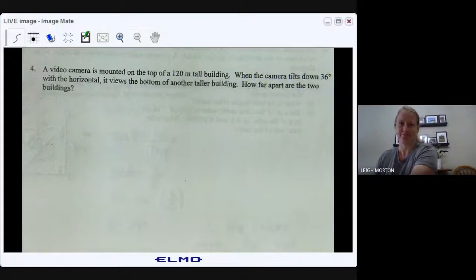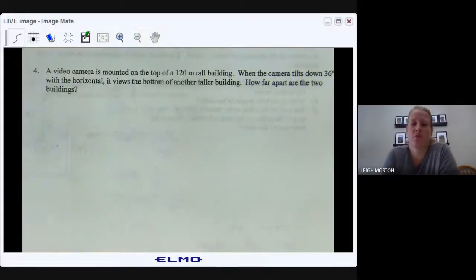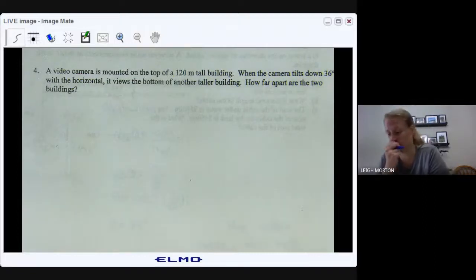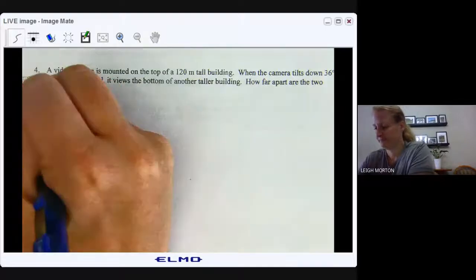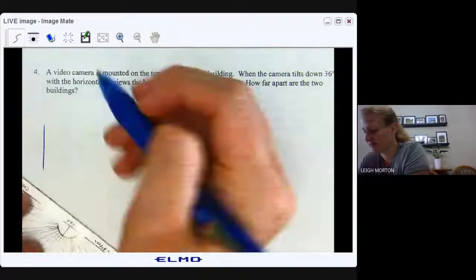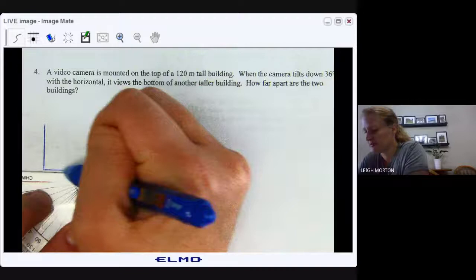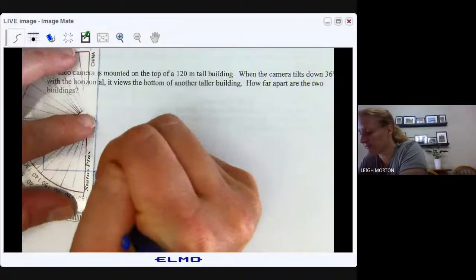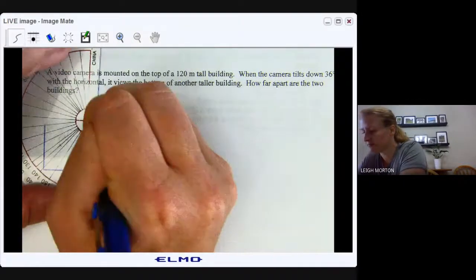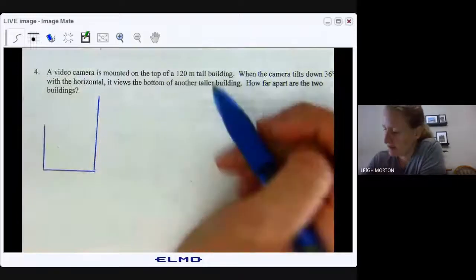Okay. A video camera is mounted on top of a 120-meter tall building. When the camera tilts down 36 degrees with the horizontal, it views the bottom of another taller building. How far apart are these 2 buildings? I'm going to start by drawing these 2 buildings. That one's taller.